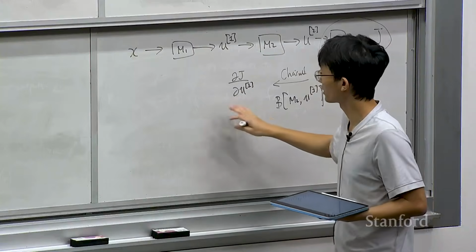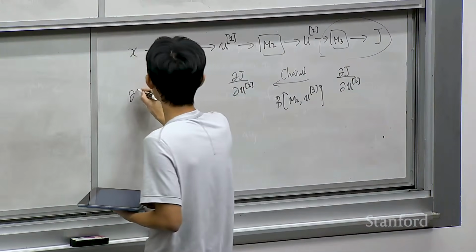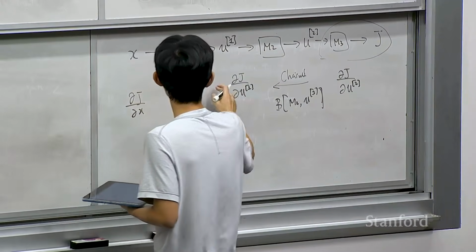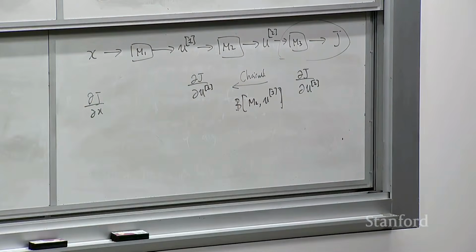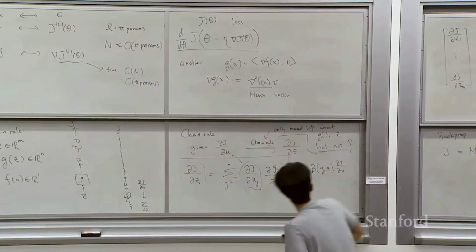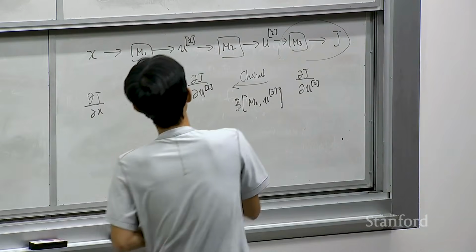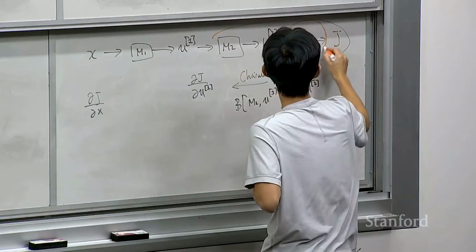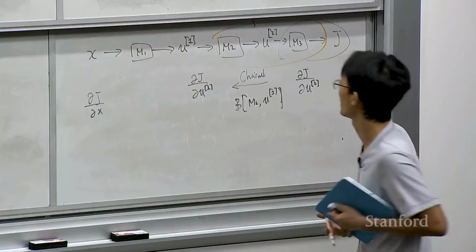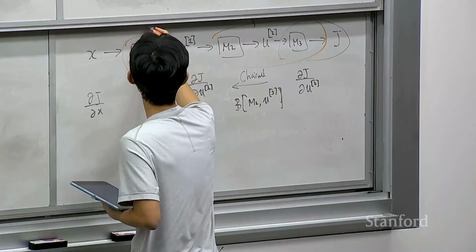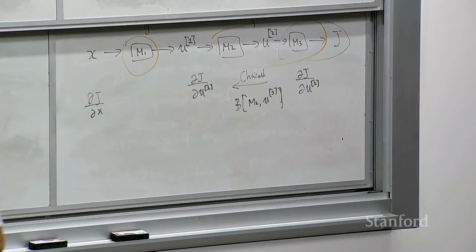After you get this one, suppose you want to compute dJ over dX. How do you do this? The same way. Now you pretend that this whole part is my f, and I don't really care about exactly what f is, and this part is my g. And I apply my chain rule.